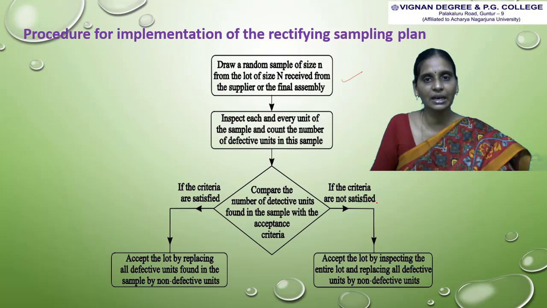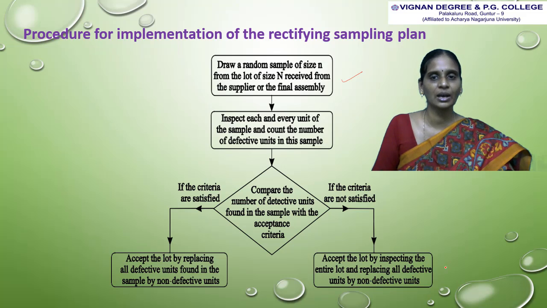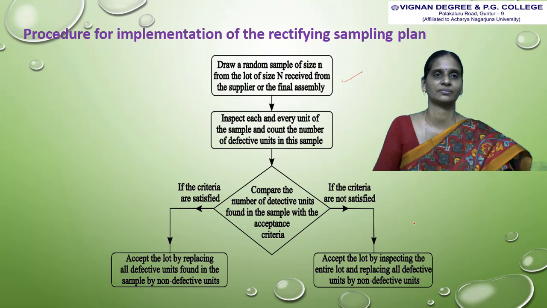If the criteria are not satisfied, we accept the lot by inspecting the entire lot and replacing all defective units by non-defective units.